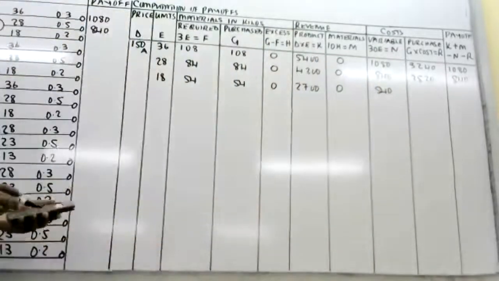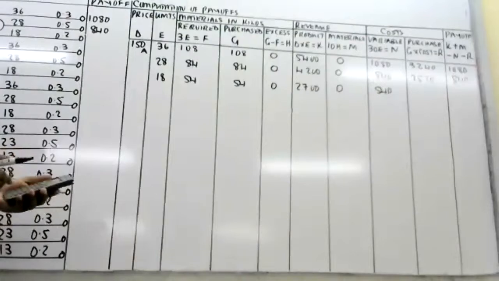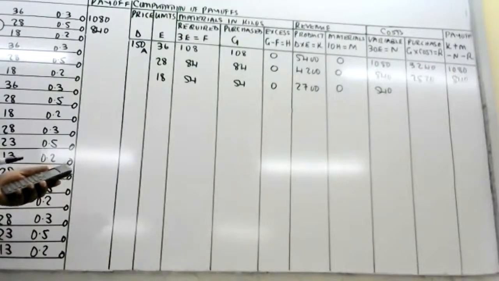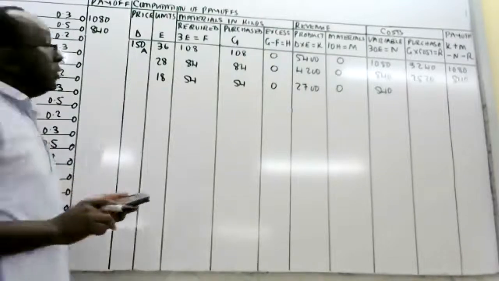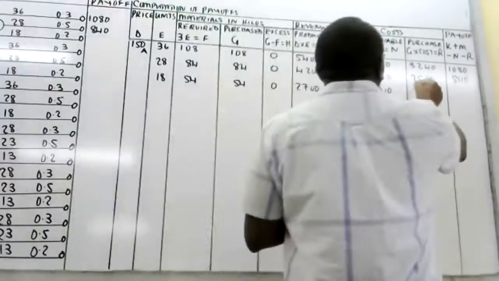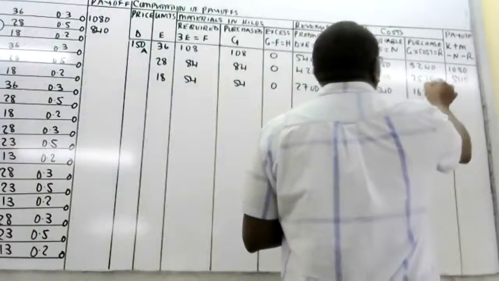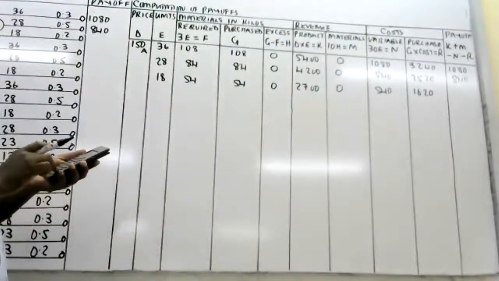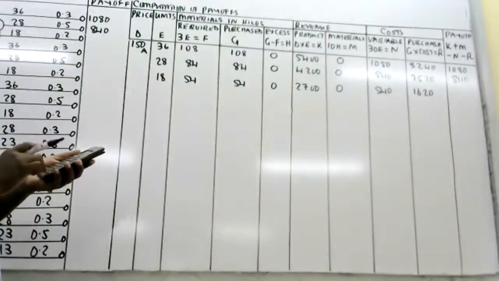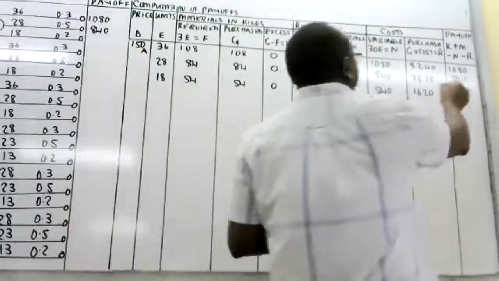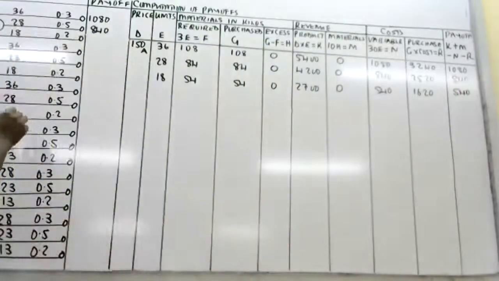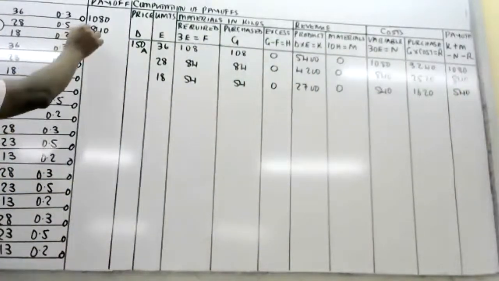The purchase is 54 times 30, 1620. So the payoff will be 2,700 minus 540 minus 1620, so we get 540. So that is brought here.